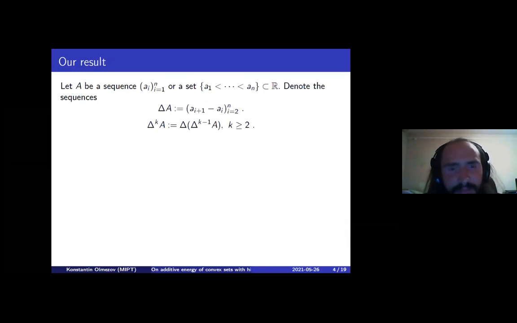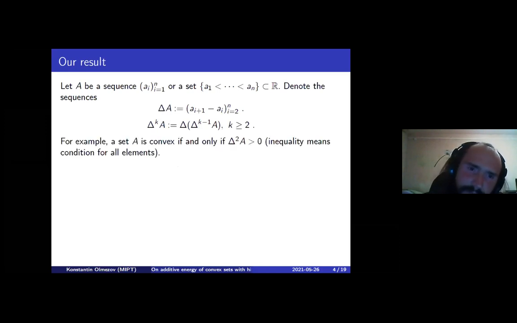So to describe my result, I need some notation about consecutive differences. Firstly, I provide a discrete analog of derivative, and I describe convex sets in these terms.